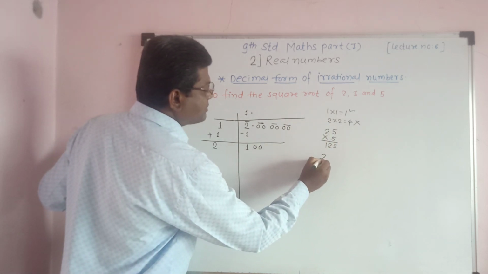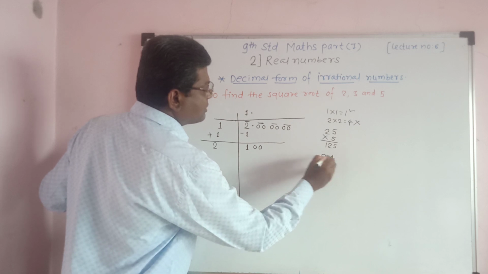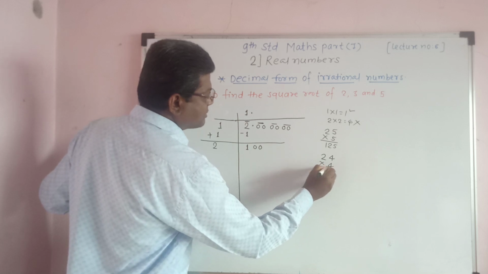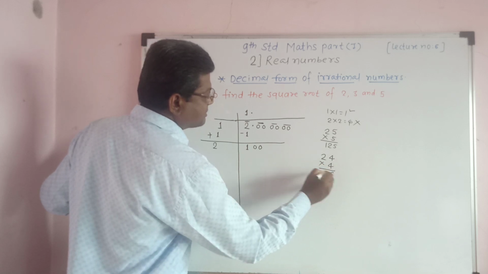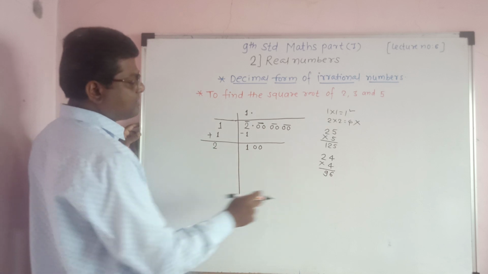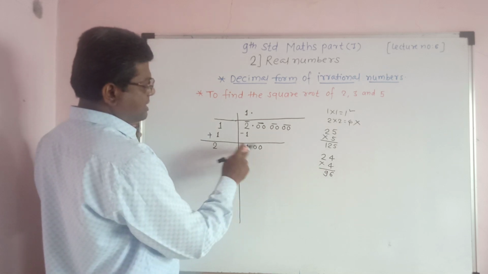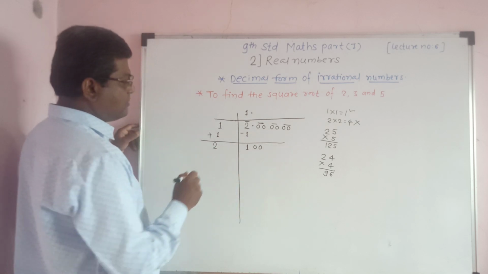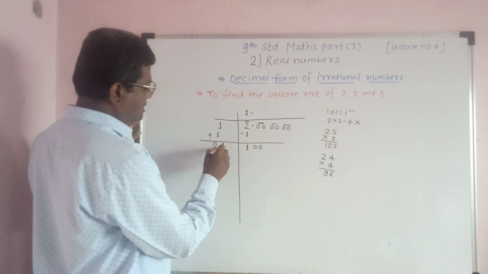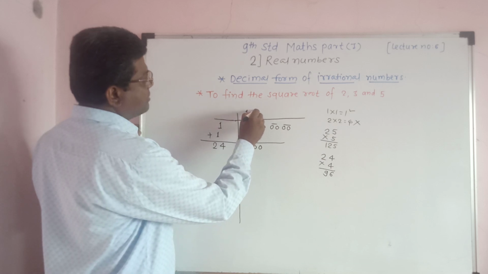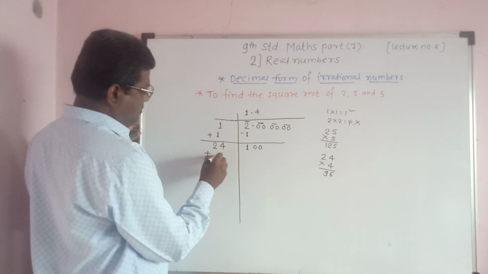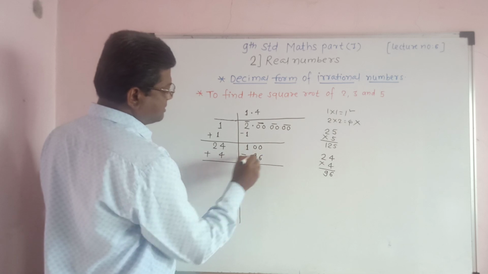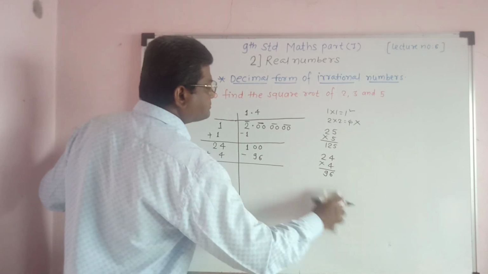If we take 4 on 2 and multiply by 4, we get 96. Now let us see, this 96 is less than 100 and closer to this 100. Therefore we put 4 here, here 4, we add here 4 and subtract 96 from 100.